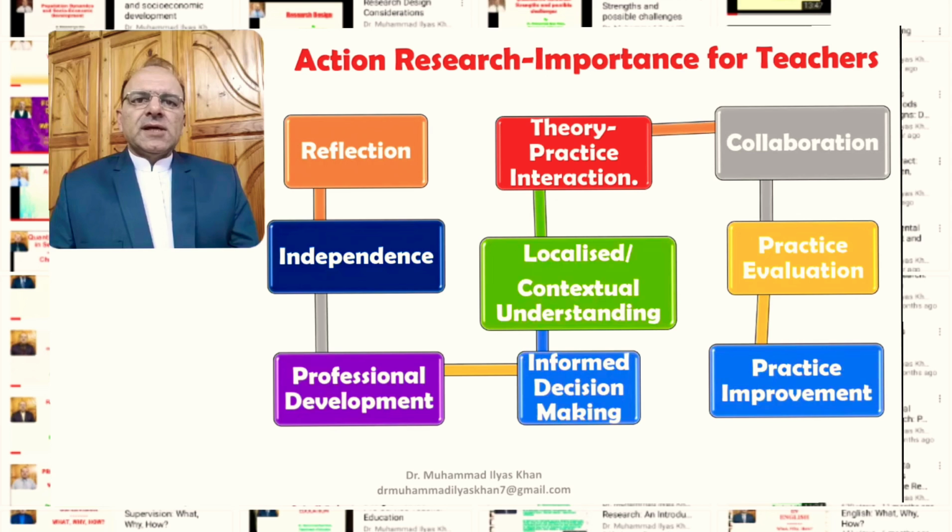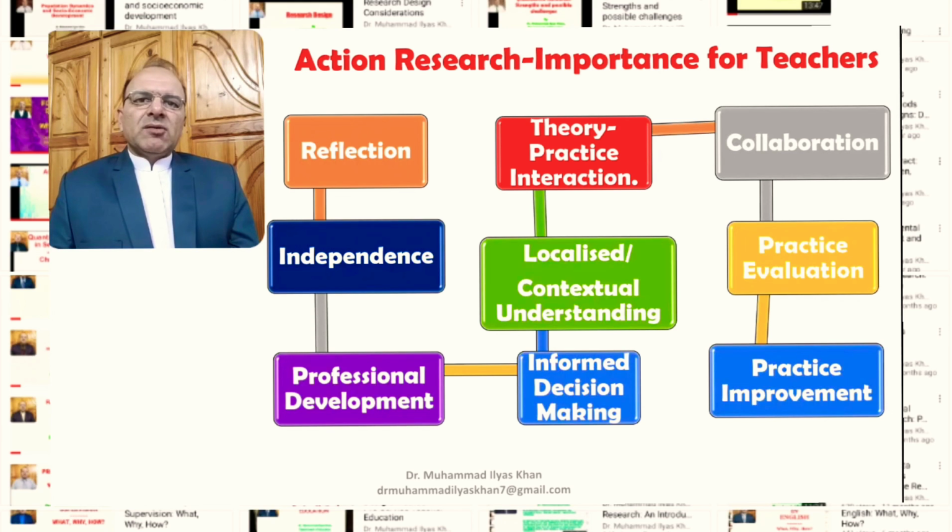And so we can say that action research ultimately helps teachers in improving their practices, because their practices are more informed, because they continuously evaluate their practices as classroom teachers or as school teachers. And this helps in the development of collaboration.